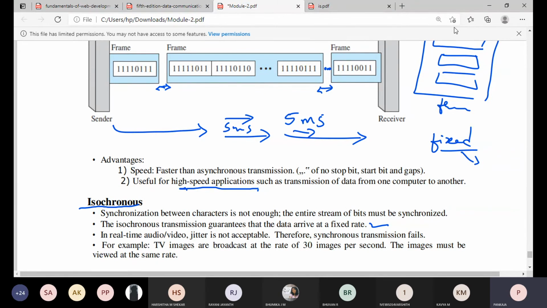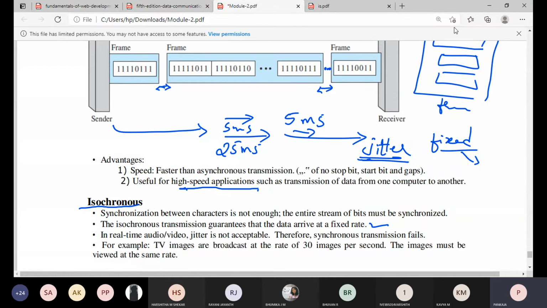Maybe some packets arrive at 5 milliseconds, and the next packets arrive after 25 milliseconds. So there is a difference in the arrival of packets. We have already discussed that it is called jitter. Jitter is not acceptable. It leads to poor quality of the information received.